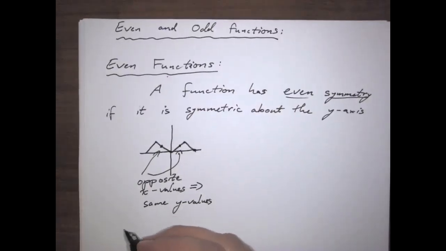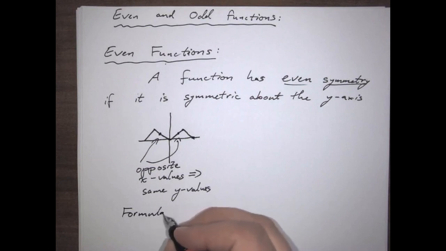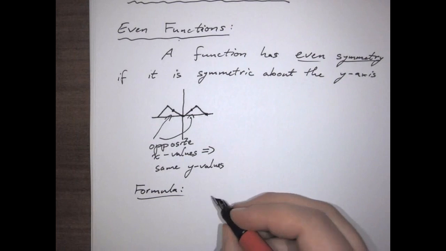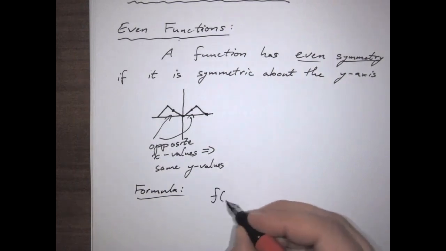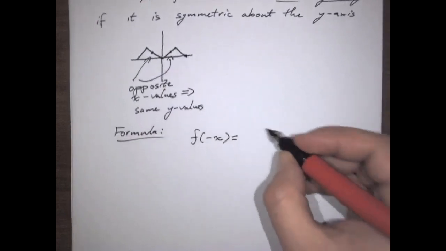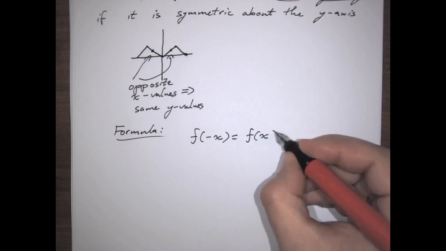So what this means as far as a formula, in the formula, what this means is that if I were to take x and replace it by negative x, then that would be the same as just regular x.